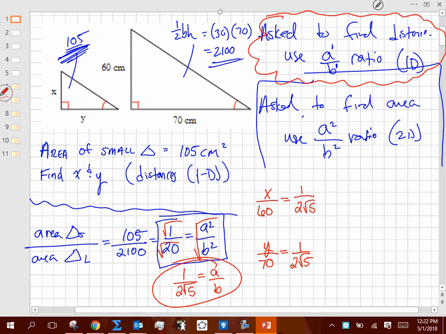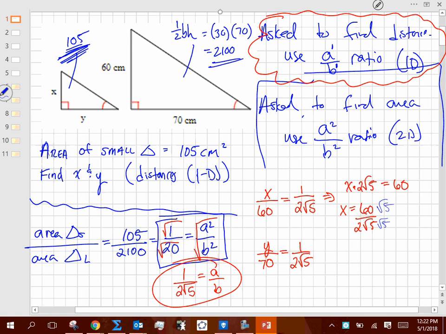Same thing down here. If I cross multiply, this will lead to x times 2 radical 5 is equal to 60. Okay, divide both sides by 2 radical 5. So x will be 60 divided by 2 root 5. I don't like that in that format, so I'll rationalize.